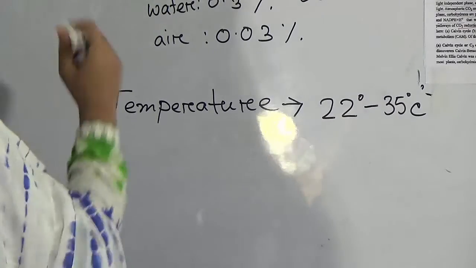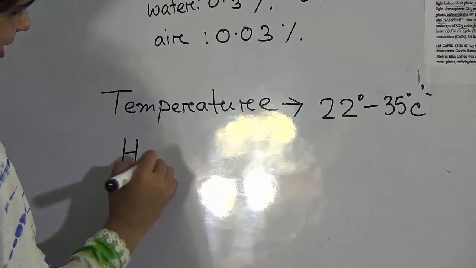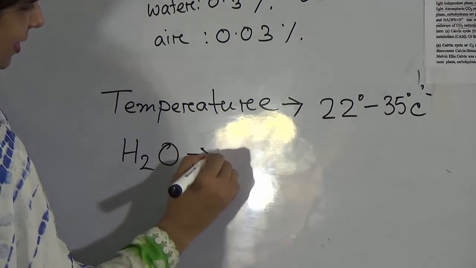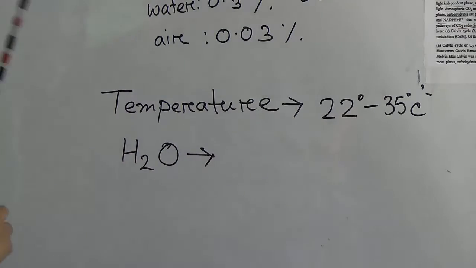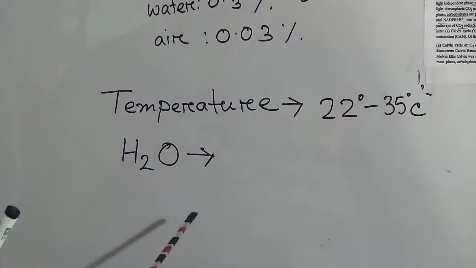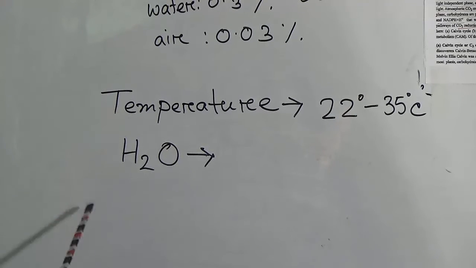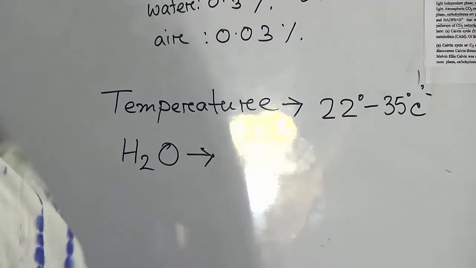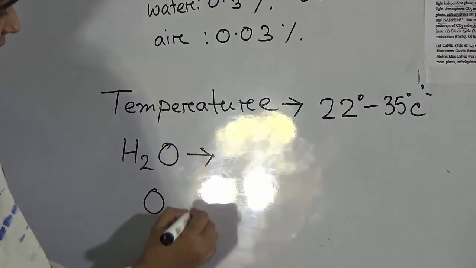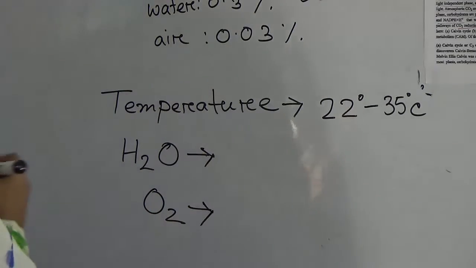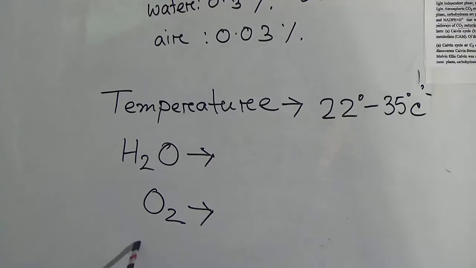Another one is water, and we also discussed that. Water directly takes part in the photosynthesis procedure, and a supply of water is needed for photosynthesis. Another one, the presence of oxygen. If there is more oxygen in the atmosphere, the rate of photosynthesis will be less.